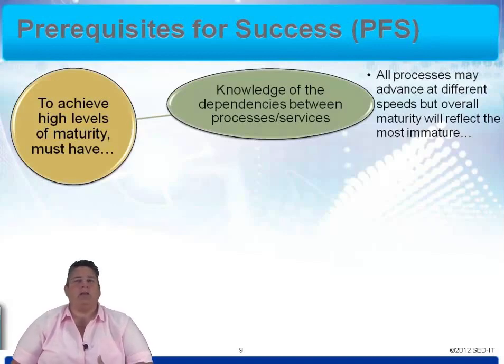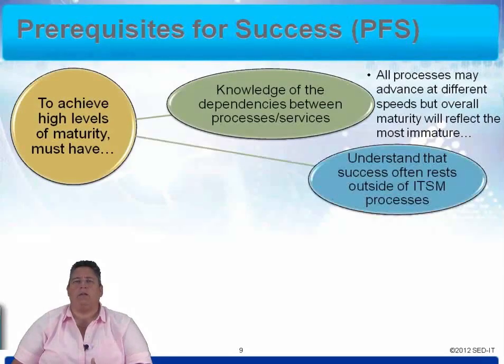As we put out best practice, there will be activities that are completely unfamiliar to your staff. As you measure the maturity of the process, you can only say that the process is as mature as its lowest functioning activity.